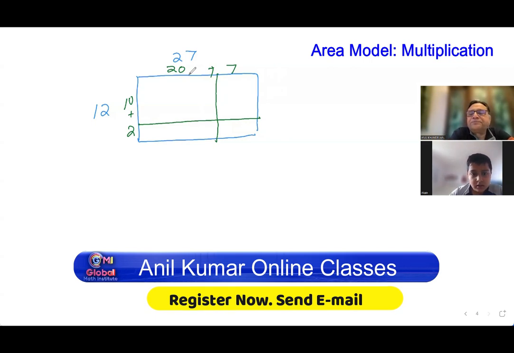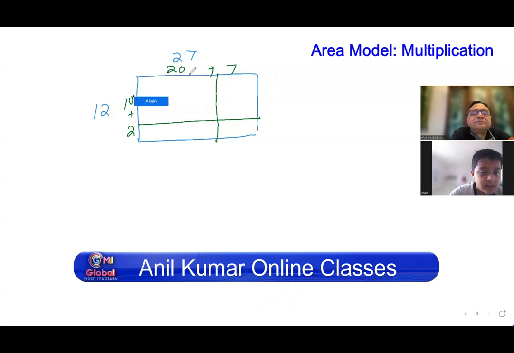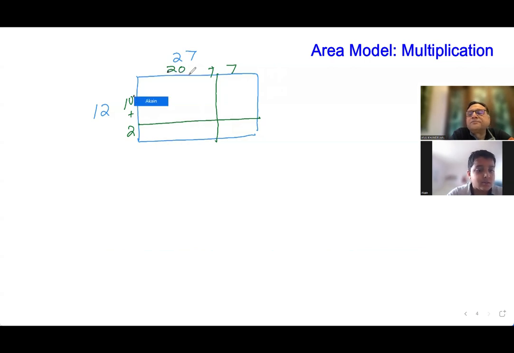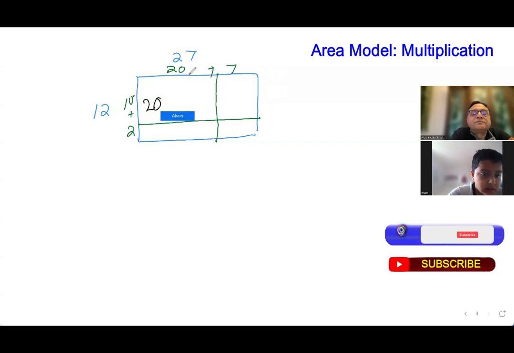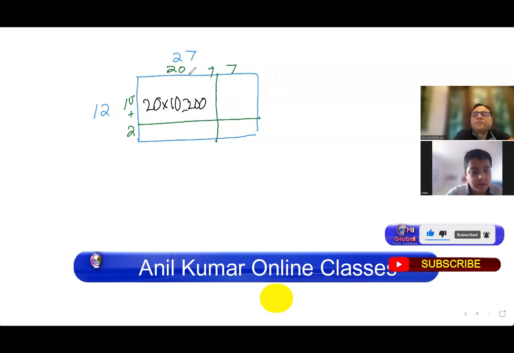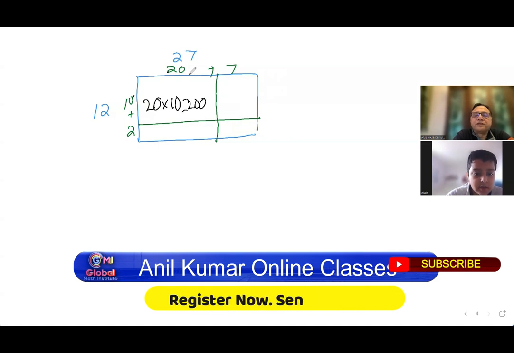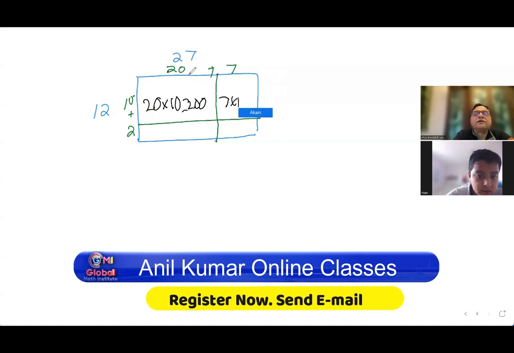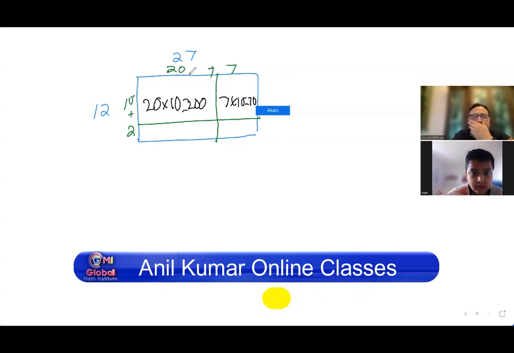Annotate and do. So first you can do 20 times 10. Correct. To add a 0. So 20 times 10 equals 200. Correct. Then you can do 7 times 10, which is 70. Very good.